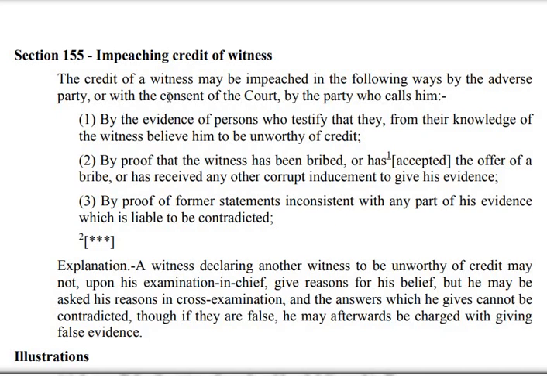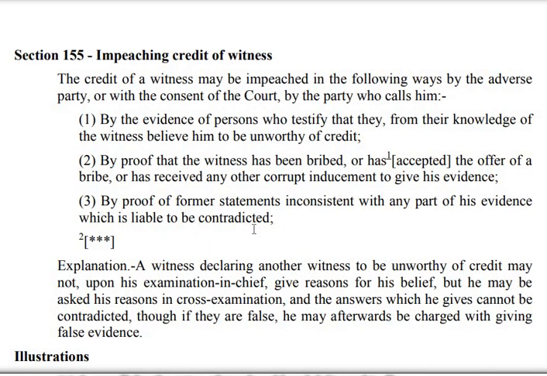The credit of a witness may be impeached in the following ways by the adverse party, or with the consent of the court by the party who calls him: by the evidence of persons who testify that they, from their knowledge of the witness, believe him to be unworthy of credit, by proof that the witness has been bribed, or by proof of a former statement inconsistent with any part of his evidence which is liable to be contradicted.